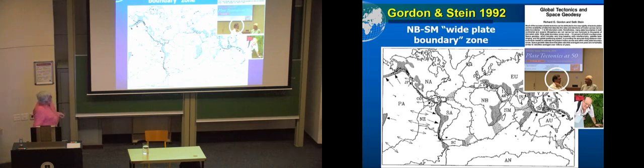This is quite an important juncture in plate tectonics, the adaptation of military GPS technology to studying global plate motions. And Richard Gordon and Seth Stein were quite advanced there.